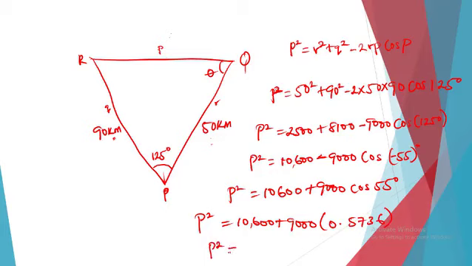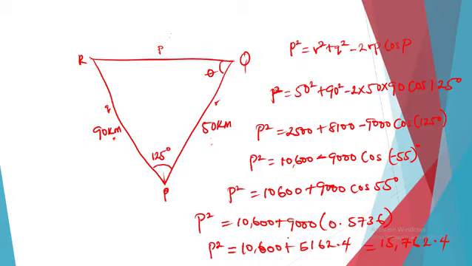P squared is then equal to 10,600 plus 9,000 times 0.5736. 9,000 times 0.5736 gives us 5162.4, and when added together we have 15,762.4 as our P squared.